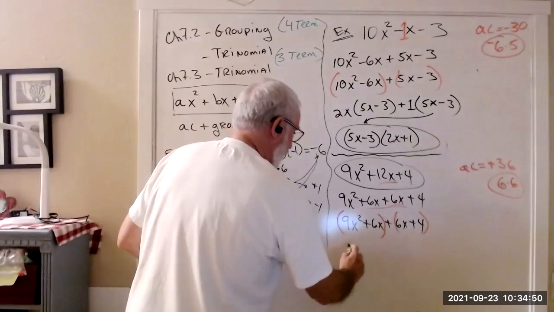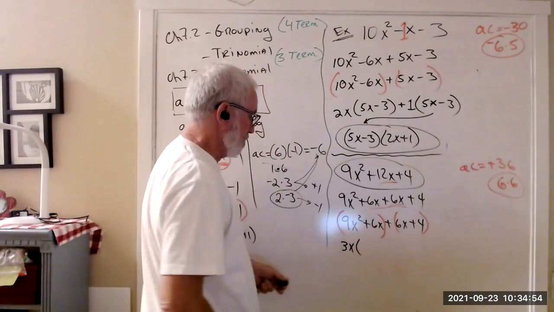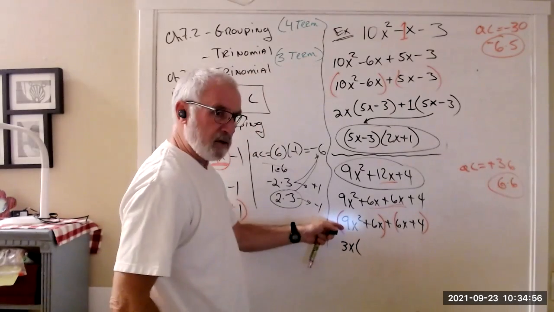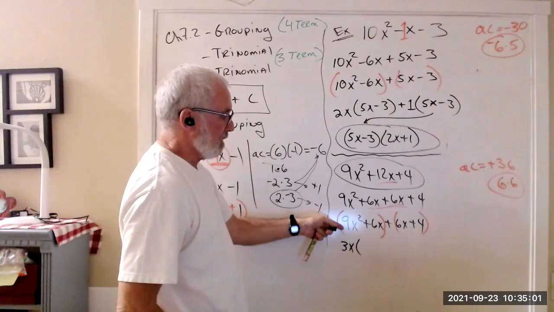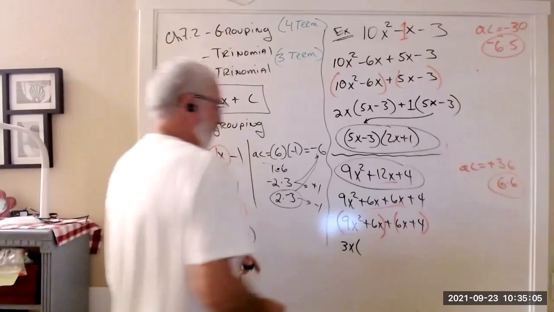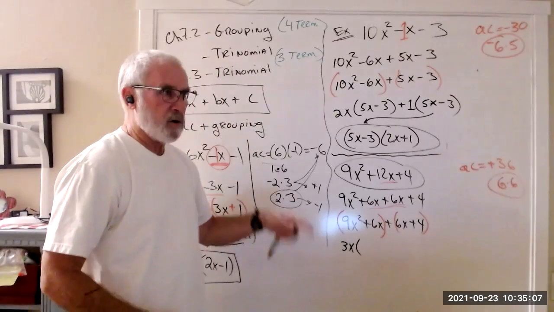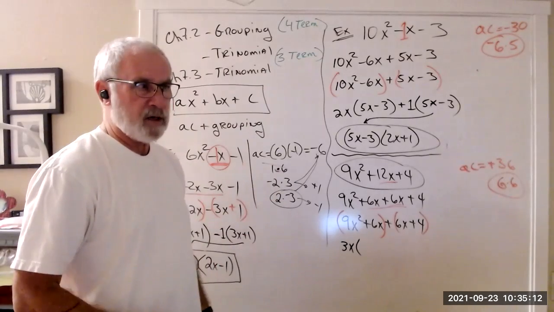This group, I can take out a 3x. Can you guys read that in the glare? Is that okay? 9x squared plus 6x. You can see that? Okay. If ever I write in the glare or I write too small and you can't read, please, I'm hoping you will yell at me.